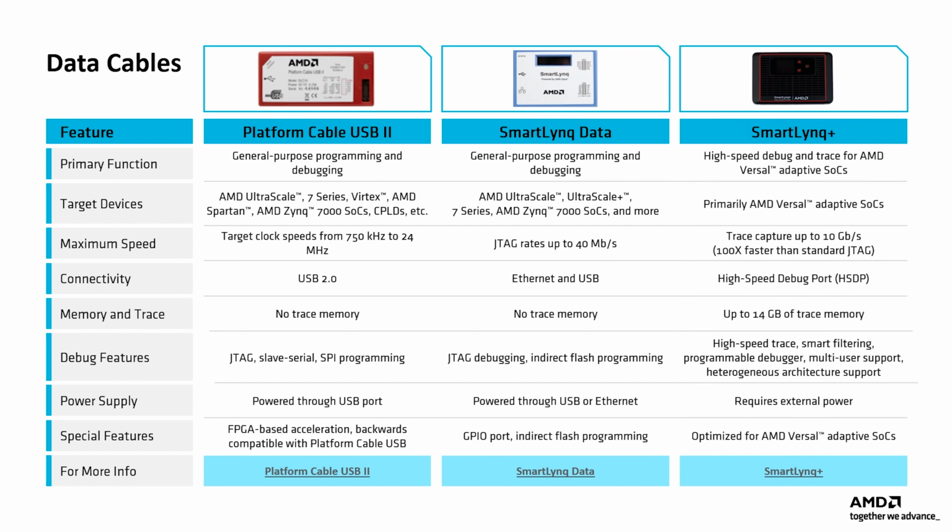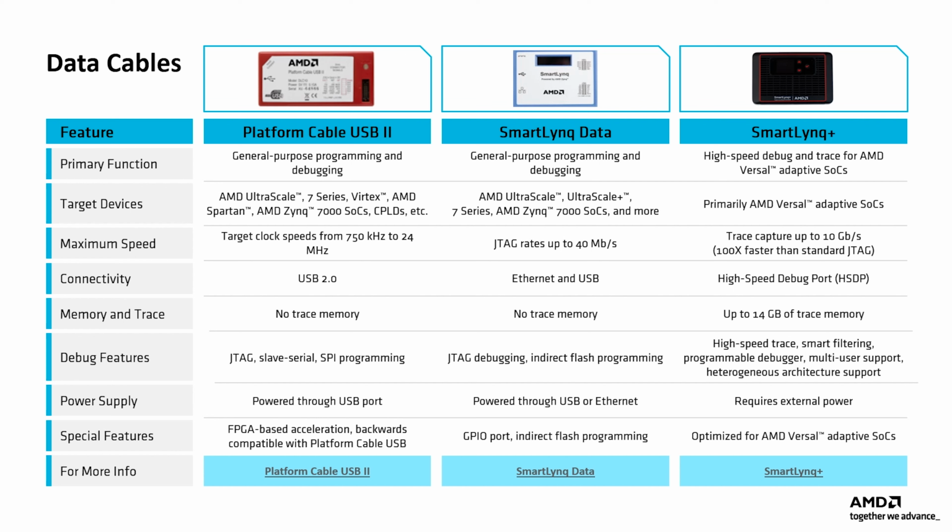Before diving into the SmartLink Plus, let's discuss the High-Speed Debug Port, or HSDP. HSDP provides a unified, high-bandwidth debug and trace interface. It enables at-speed system trace capabilities across various blocks in Versal devices, such as the programmable logic, processing system, and AI engines.